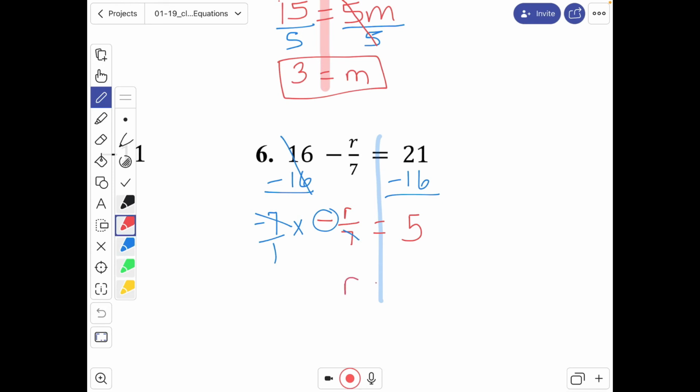So r would be by himself. And then on the other side, we're multiplying by negative 7. So 5 times negative 7 makes negative 35. So if there is a negative sign in front of something that looks like a fraction, make sure that you use that with the number that you're trying to get rid of, like the negative 7 there.